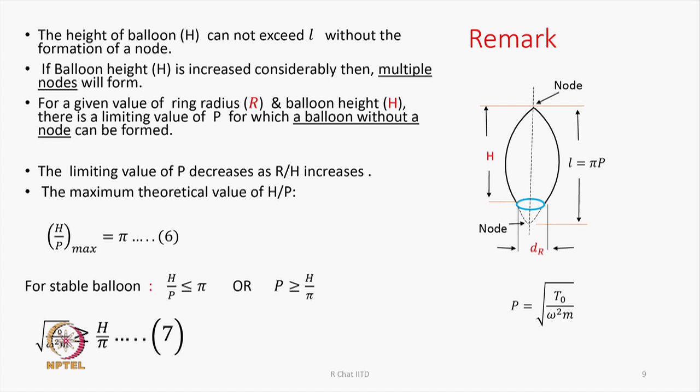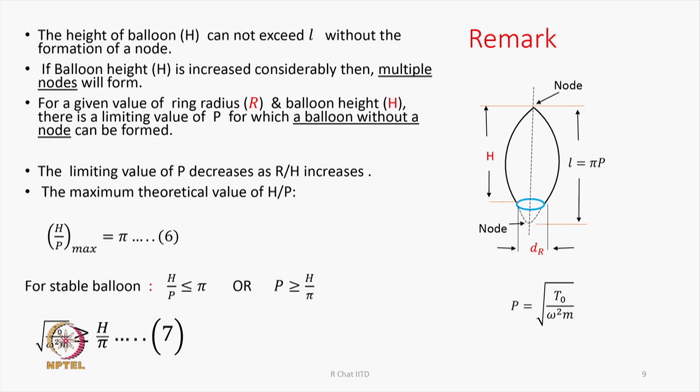Hence the maximum value of h by p can only be pi. If we exceed this, a node is going to be formed and we will not be able to spin the yarn. So the maximum value of this ratio can be at most pi, and ideally it should always be less than pi. So for a stable balloon, h by p should be less than pi, which means p is going to be h by pi.